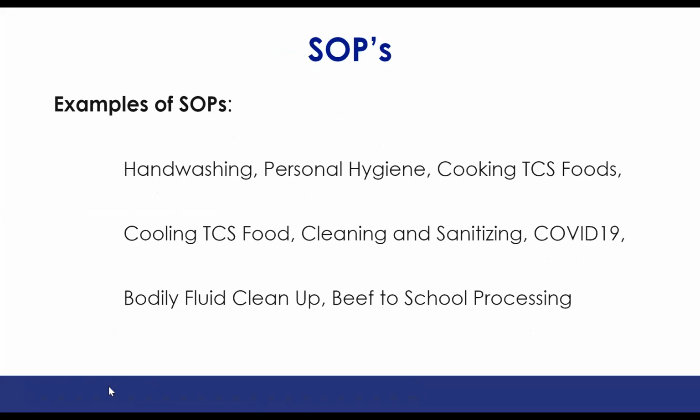Bodily fluid cleanup, beef to school processing. We have around 33 and we have 15 more that we are working on. They are all located under HACCP on our website. And if you don't see an SOP that you need on our website, please let me know.